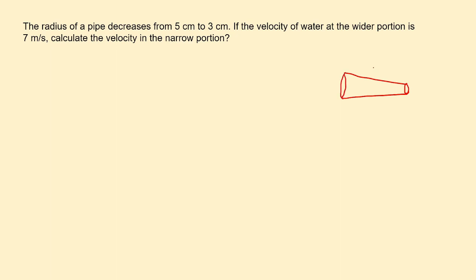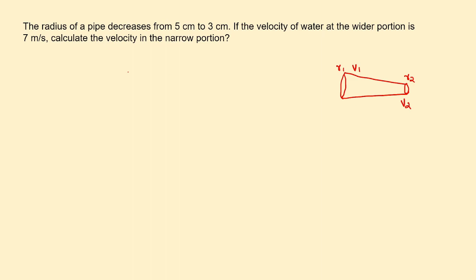Here, the radius of the pipe decreases from 5 cm to 3 cm. Here we have R1, radius with corresponding velocity V1, and this is the narrow portion. Let us take the velocity as V2, radius is R2. So let us apply the equation of continuity.